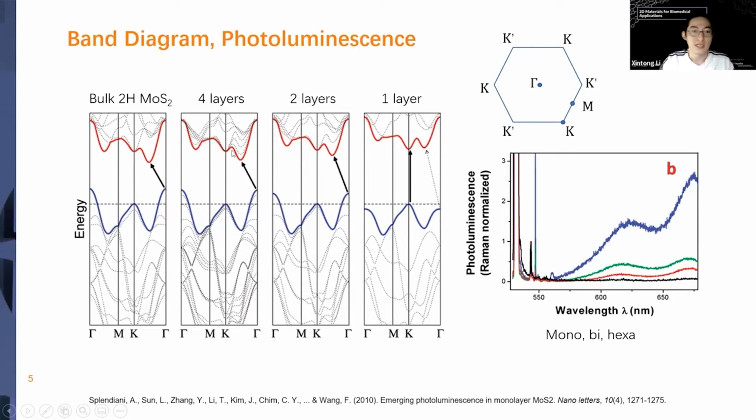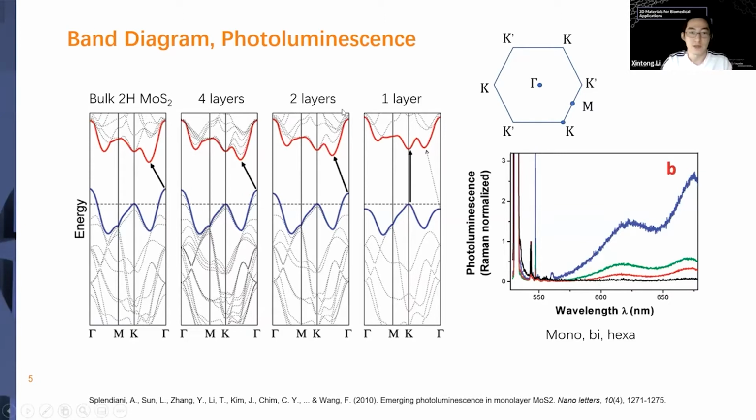And we can see from this chart that the red line is the conduction band, while the blue line is the valence band. And we can see a very clear transition from an indirect, relatively small band gap to a direct, large band gap in the monolayer. And this is one of the reasons why we say it has a tunable property. That is because we have a tunable band gap depending on the composition and the layer number of this material.